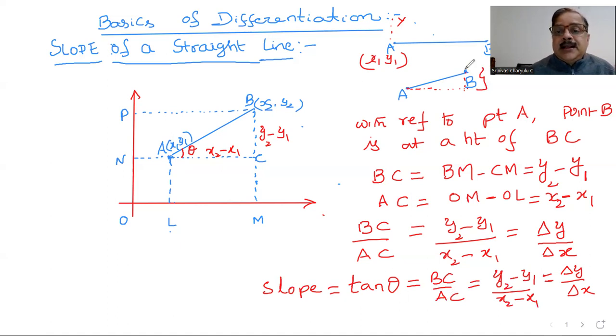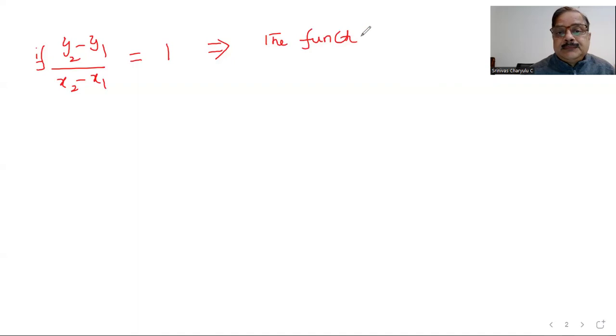Now, since this is a straight line, if you take n number of points on this, the slope remains constant. See now, for example, suppose y2 minus y1 by x2 minus x1, if this ratio is equal to 1, what does it mean? It means that the function is linear.